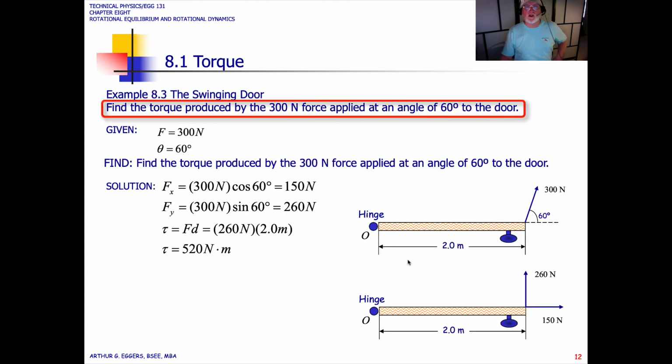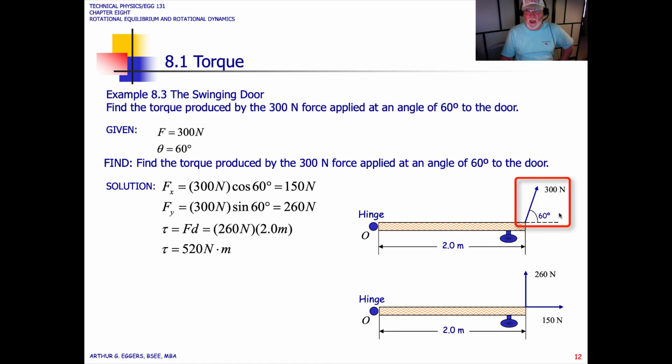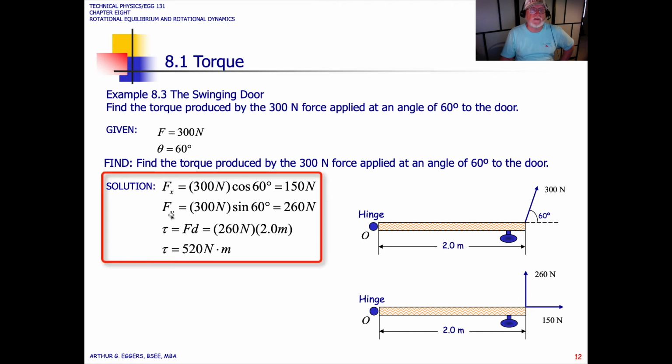Let's go back to our swinging door representation. Find the torque produced by a 300 Newton force applied at an angle of 60 degrees to the door. So there's our angle, there's our force, there's our length, and we need to determine what the distance is going to be. Again, we break it into our components, F sub x and F sub y.